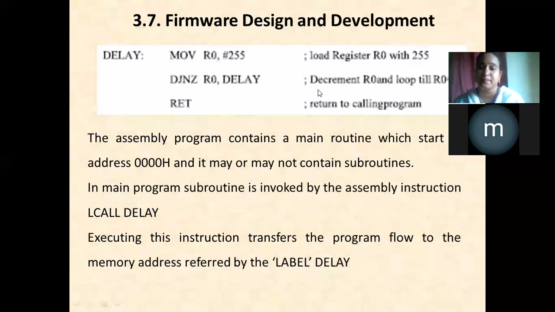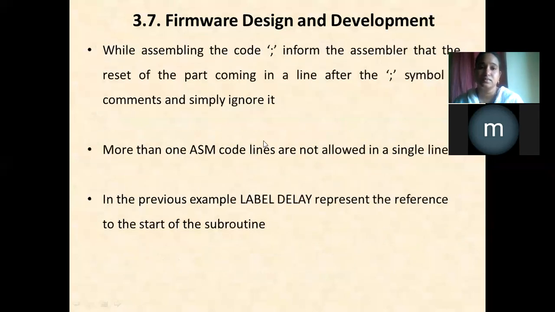See here, the 4th field of the assembly level instruction. While assembling the code, you can see the semicolon here. The semicolon informs the assembler that the rest of the part coming in a line after the symbol semicolon, whatever you write, won't be considered by the assembler.